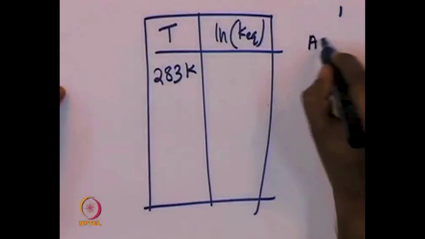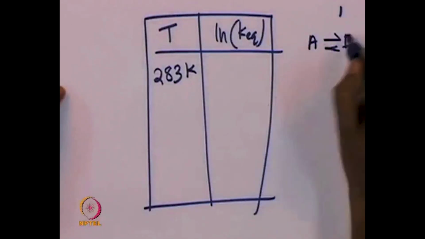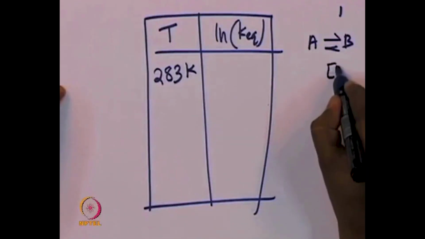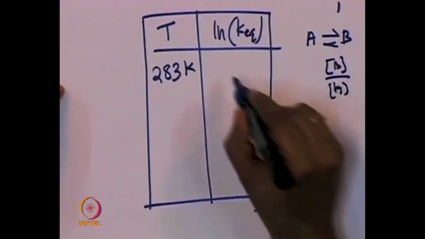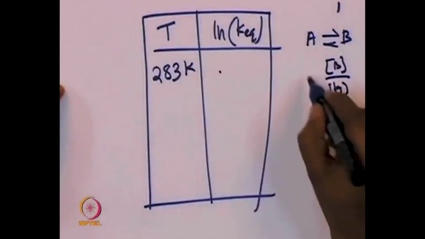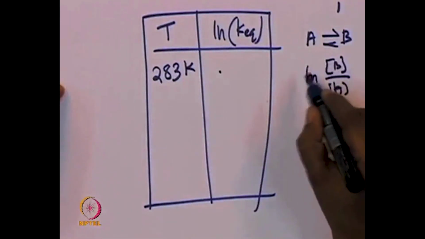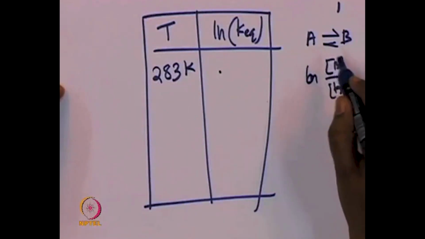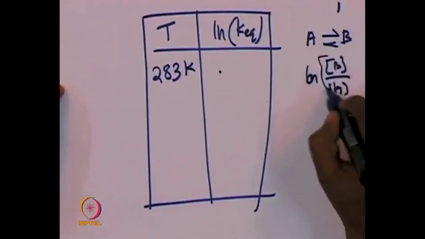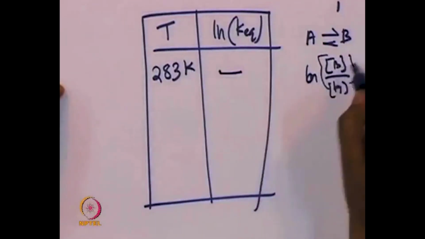A will go to B and back, and when it reaches equilibrium, you can calculate the concentration of B by A, and that value is basically K equilibrium, and the log of this you can write here, log of K equilibrium.